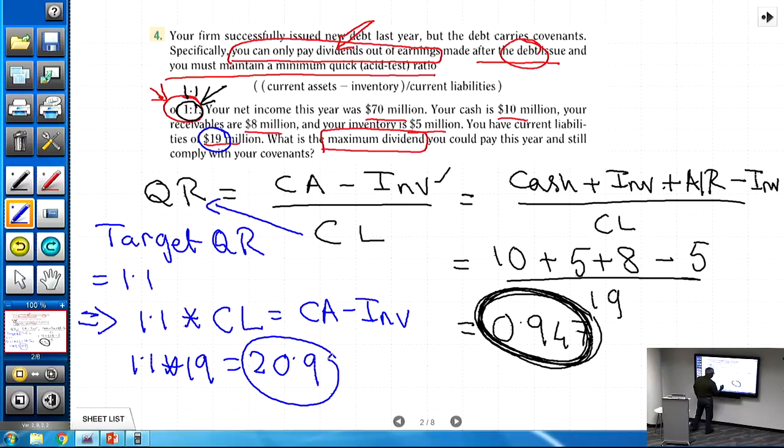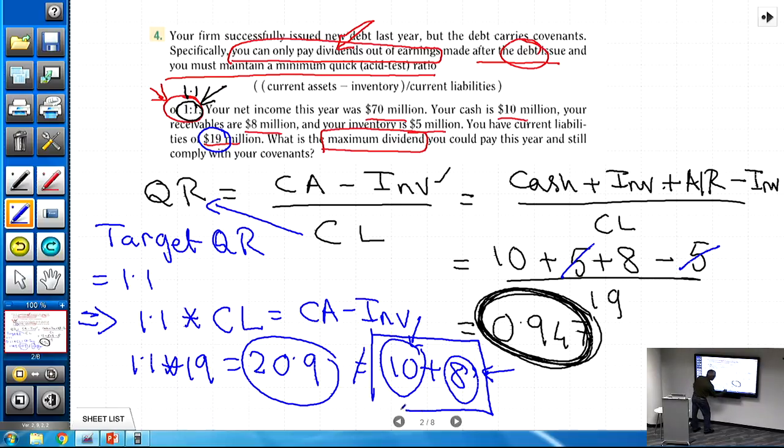20.9 is equal to 10 plus 8 essentially, right? Because this and this cancel, so I'm left with 10 plus 8. 10 is my cash, and this is my receivables. Of course, 20.9 is not equal to 18, right? That means I have to do something on this side, so that I can make this right-hand side equal to 20.9.